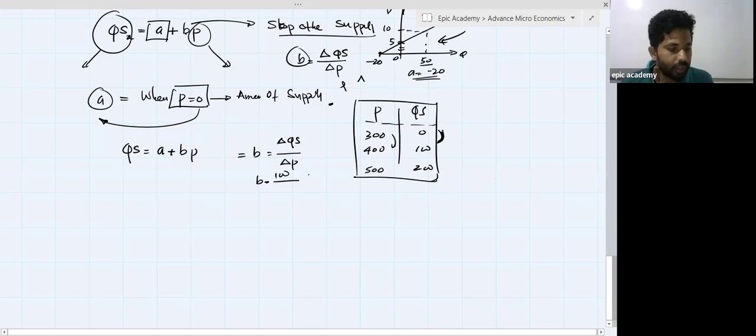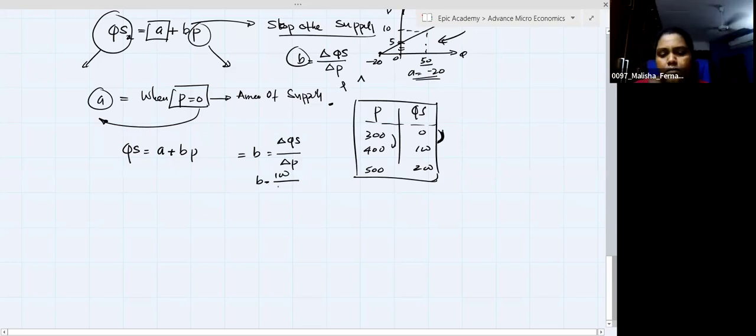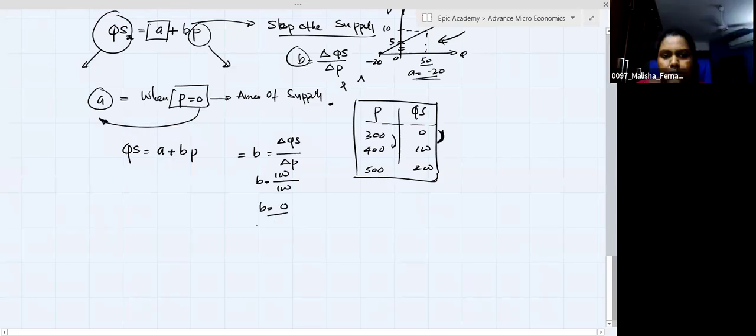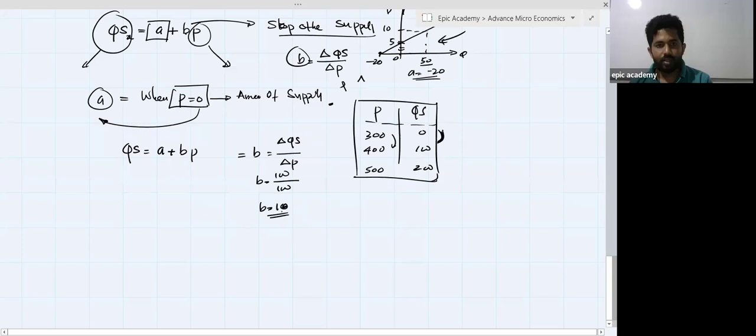Delta P, it also is 100. So now you can identify the value for the B. 100 divided by 100 must be 1. Right, just 1. But we are not going to represent it.